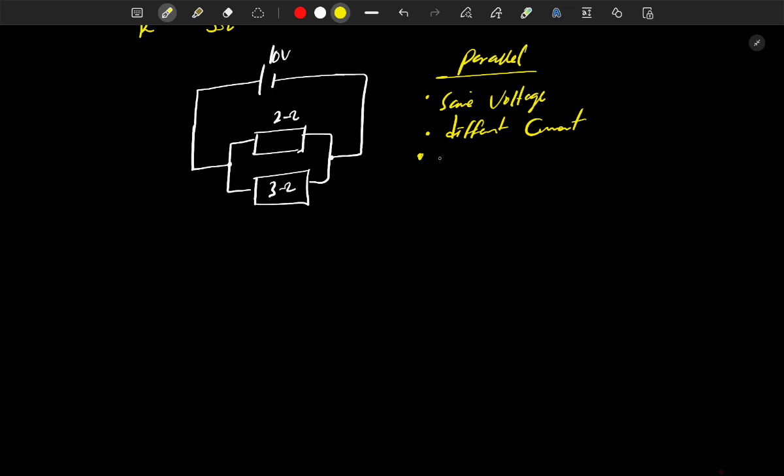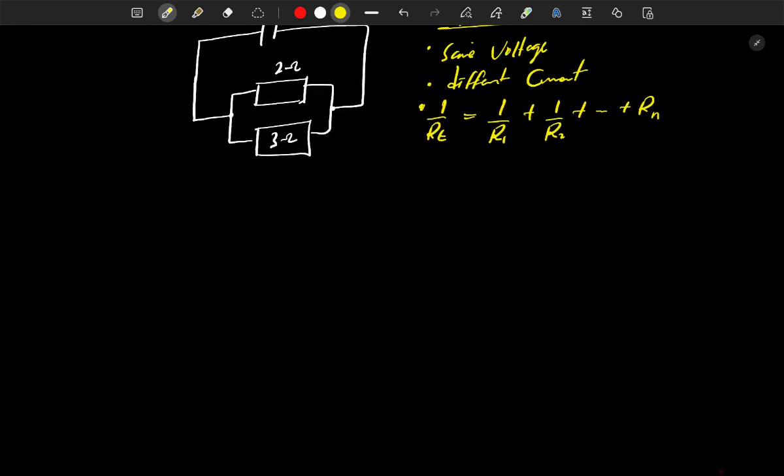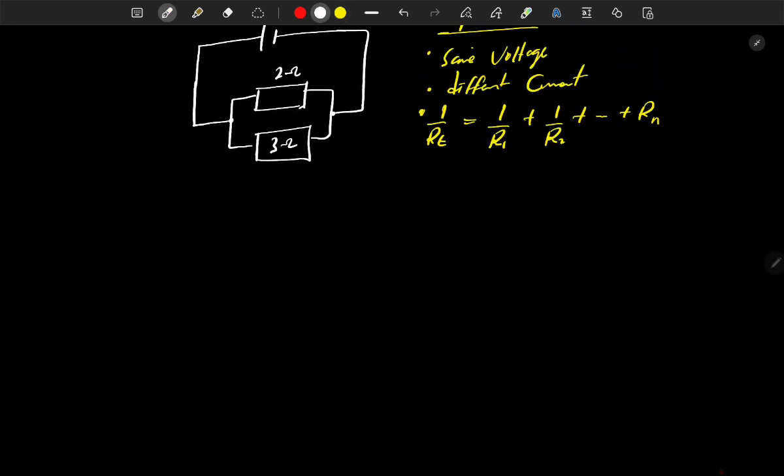So 1 over total resistance is equal to 1 over R1 plus 1 over R2 plus so on plus Rn, where N can be any number of resistors.